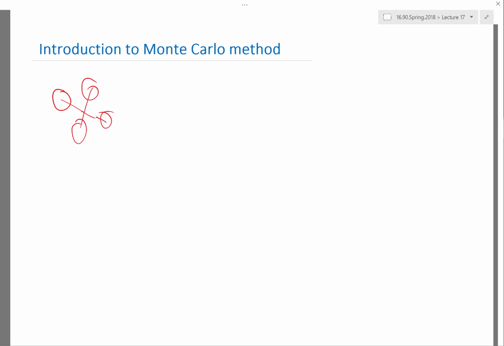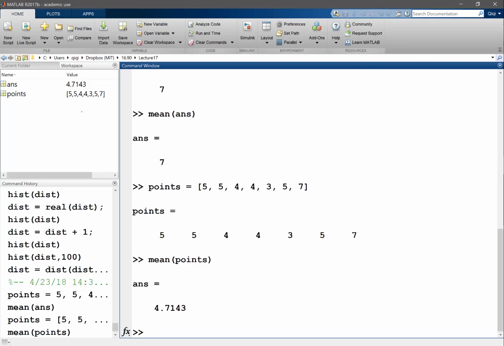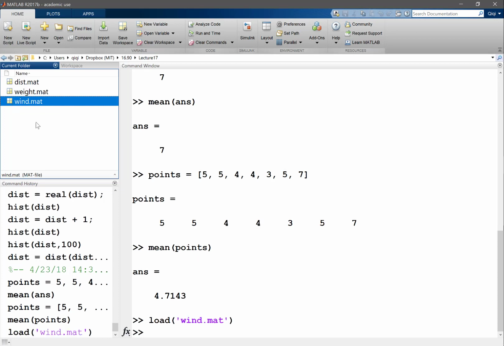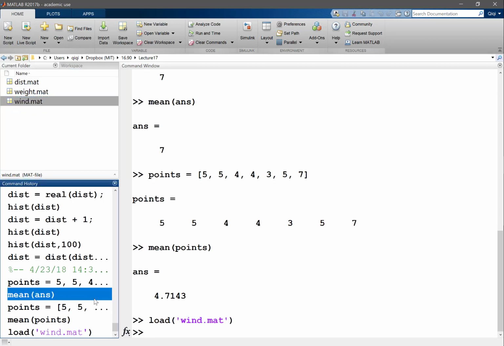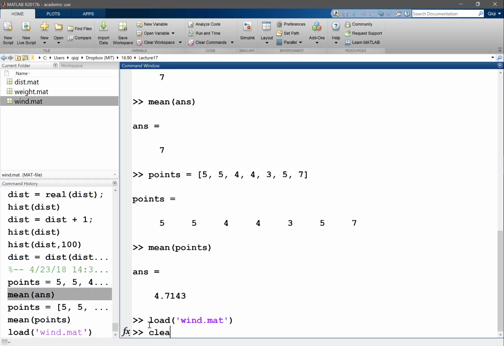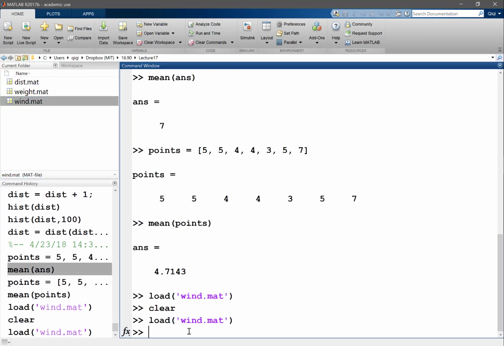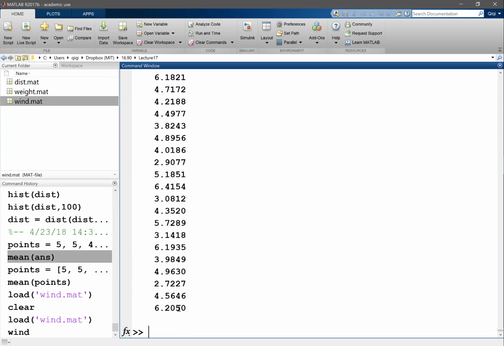So let's say I have obtained historical data for the wind. And here I have a wind.mat that loads the past. If I load it, I have wind, which is a series of wind data.